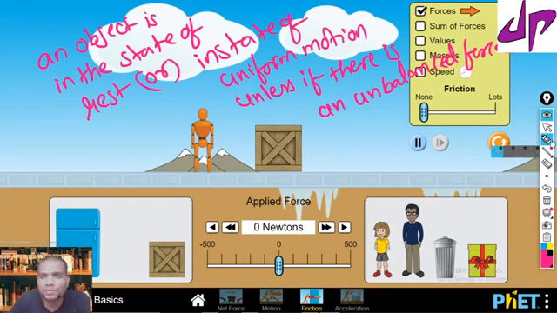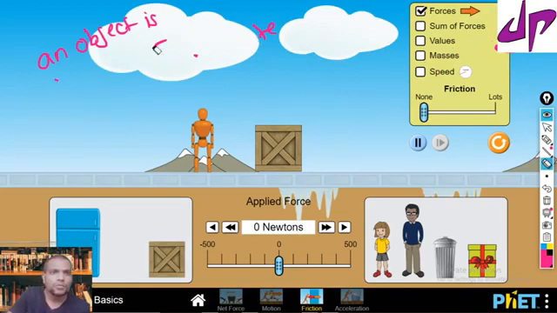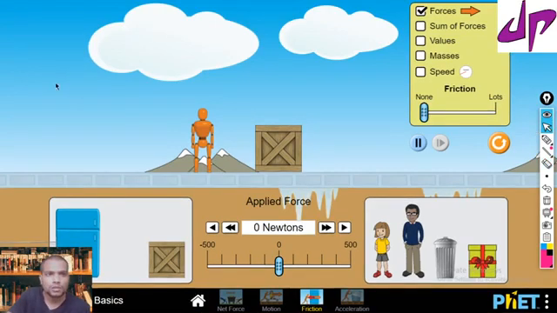First of all, let us observe this first. Suppose you do not apply any force on this box, just like that, it is kept like that. Will the box move? That's the question I am asking you right now.